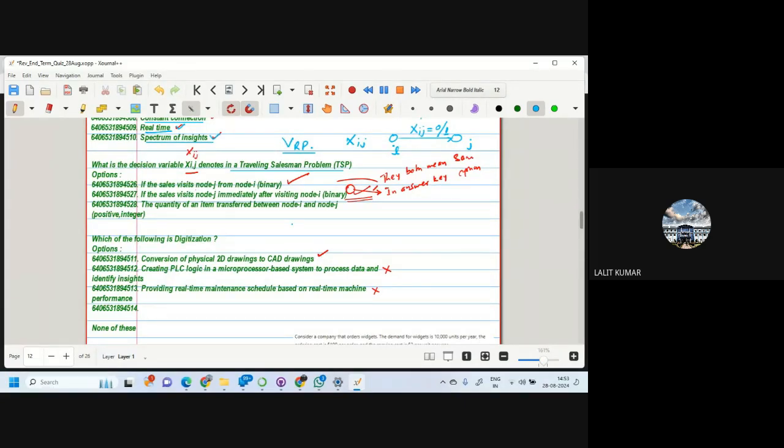So, if the salesman visits node j from node i, binary, yes, it is correct. If the salesman visits node j immediately after visiting node i, binary, so this is the correct answer. But if you see the English, they both mean the same to me. Anyone finding any difference here with me? Zadia?